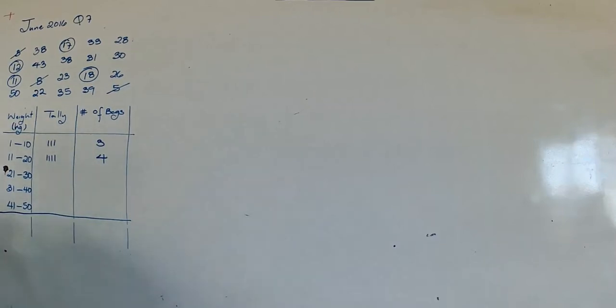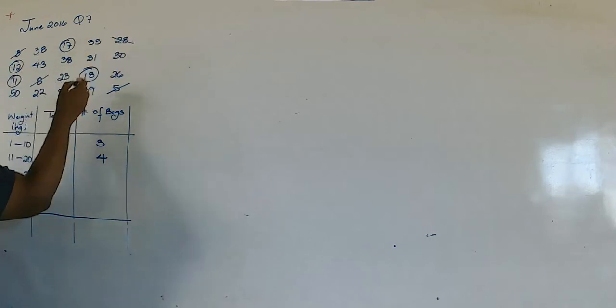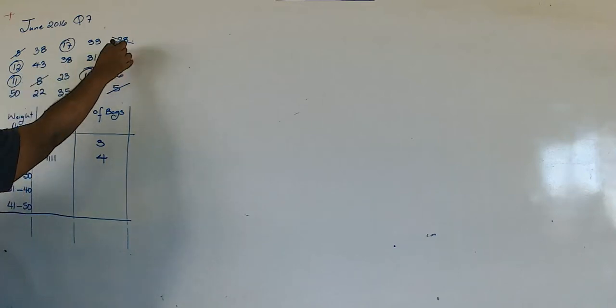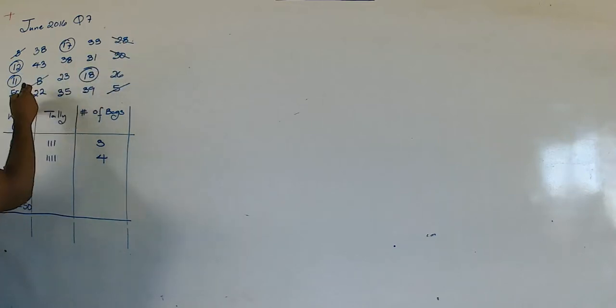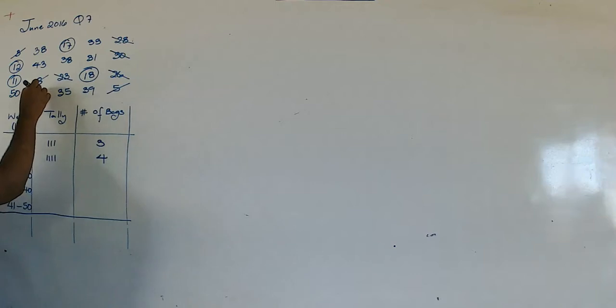How many bags between 21 and 30? 21 and 30. 1, 2, 3, 4, 5.